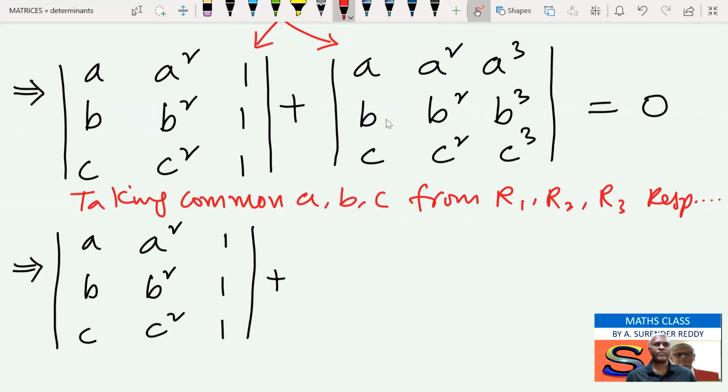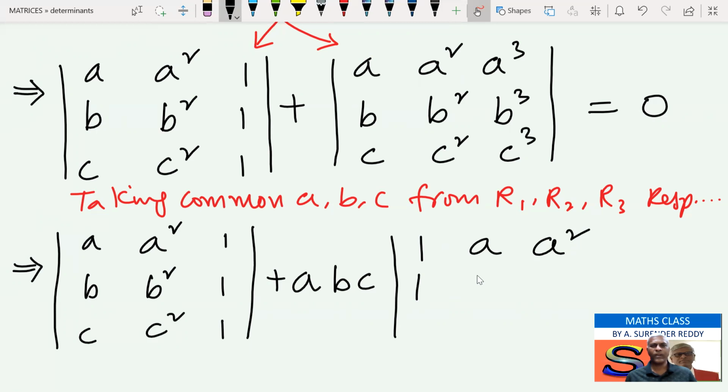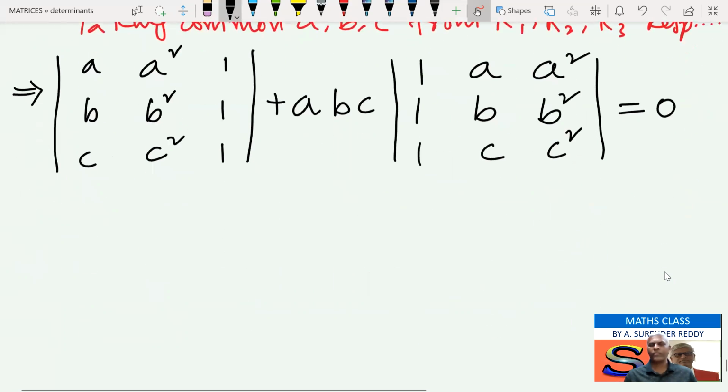So I am taking A from R1, B from R2, C from R3 as common. Then here we get 1, A, A square; 1, B, B square; 1, C, C square. So after taking ABC common, we get this one.